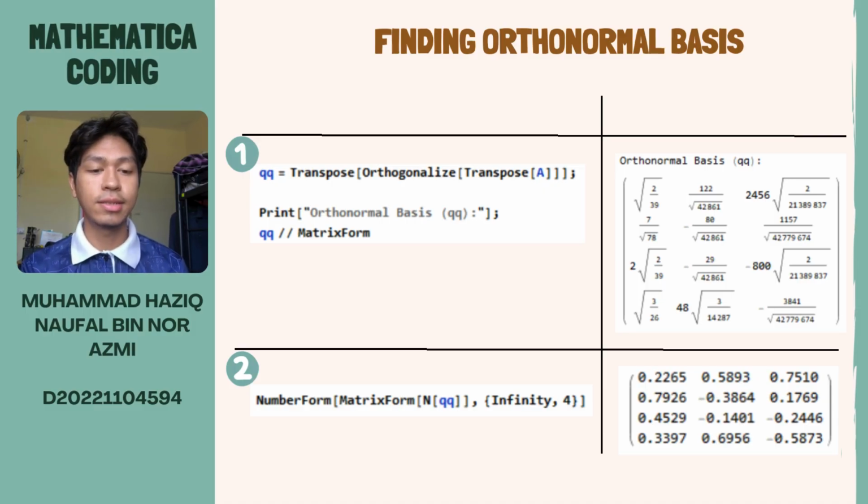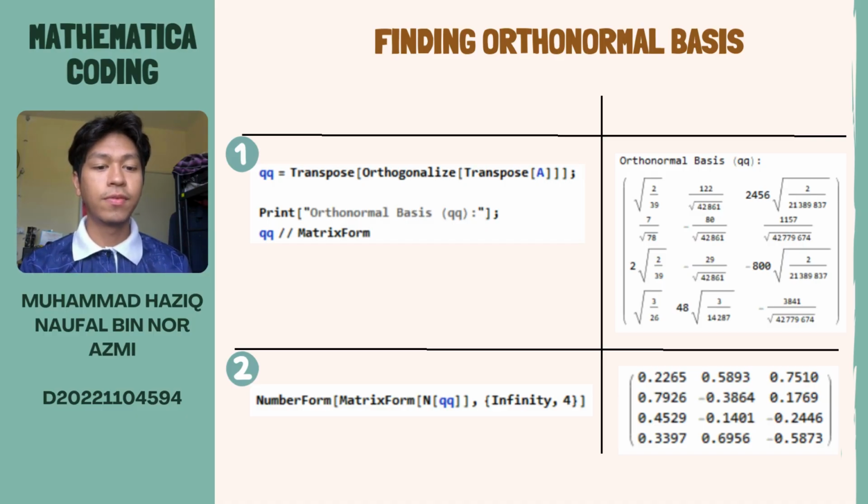The reason is that the Orthogonalize command in Mathematica works on rows. However, we want to find the orthonormal basis for the columns of matrix A. Therefore, we flip the columns to rows first and perform the orthonormalization. Then we flip them back to the original form. So the output is on the right.